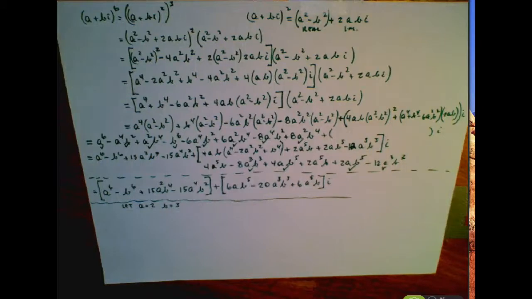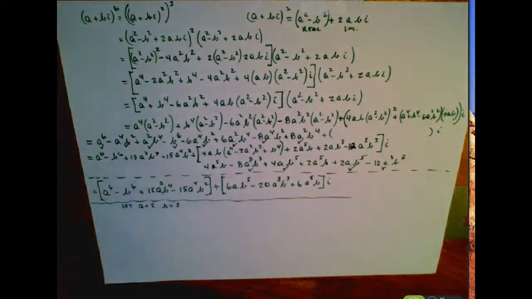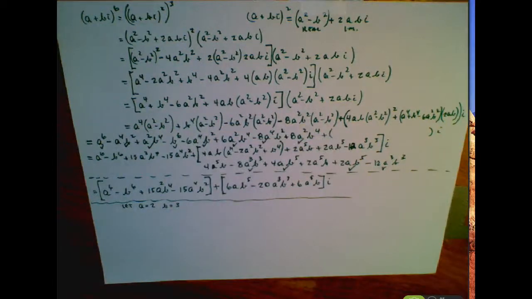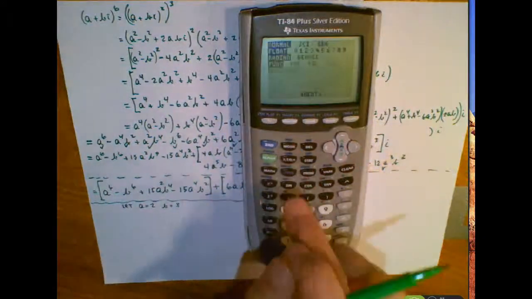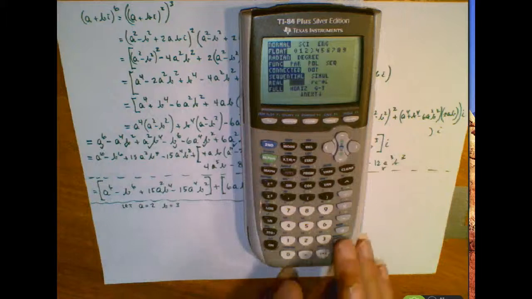Okay, we're going to go ahead and check our work by letting a equal 2 and b equal 3. So what we'll do then is we will go to our calculator, and we want to select the mode. So let me bring the calculator in here and let's take a look at it. So hit mode, and let's go from real mode to a plus bi mode.